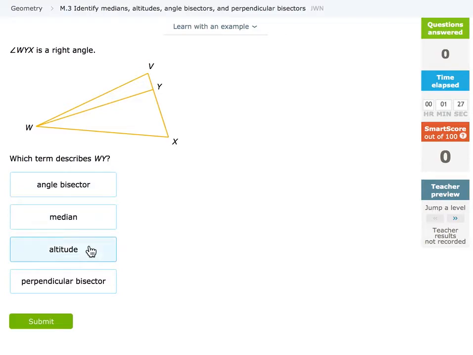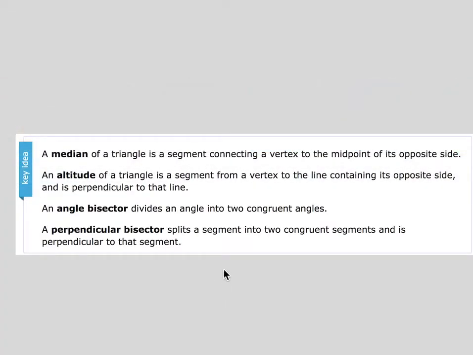Angle bisector, median, altitude, perpendicular bisector. You might already have some prior knowledge on some of these terms from previous courses, but if not, let's go back to those definitions as needed. We're looking for something regarding a right angle, but we can read through them all.